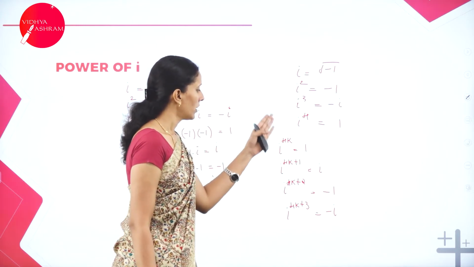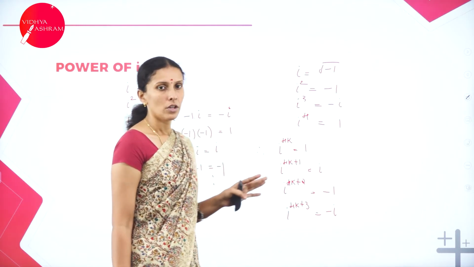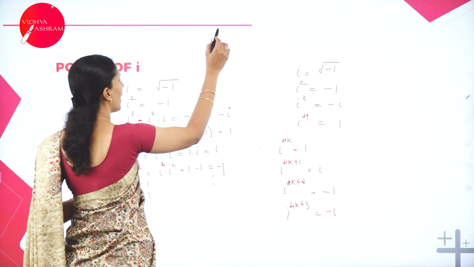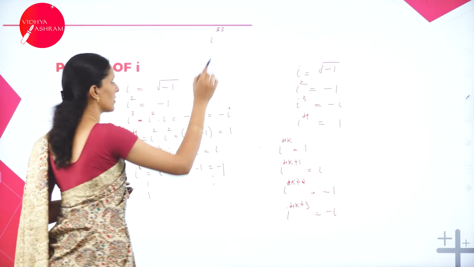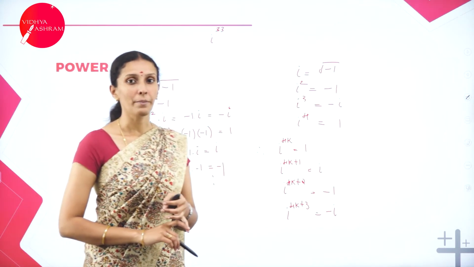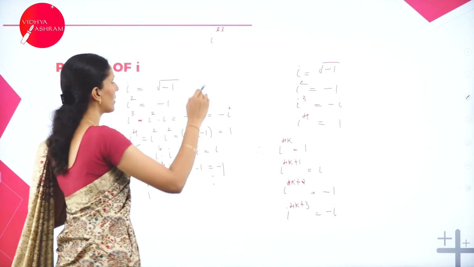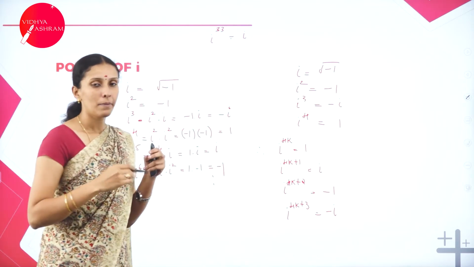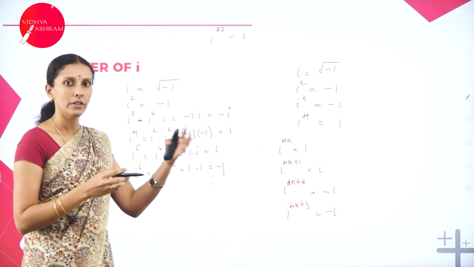So you can replace whenever you get such powers. For this, I'll just show you an example. They'll ask you to find the value of i power 33. How to find i power 33? i power 33 can be written as a multiple of 4 with the remaining term.